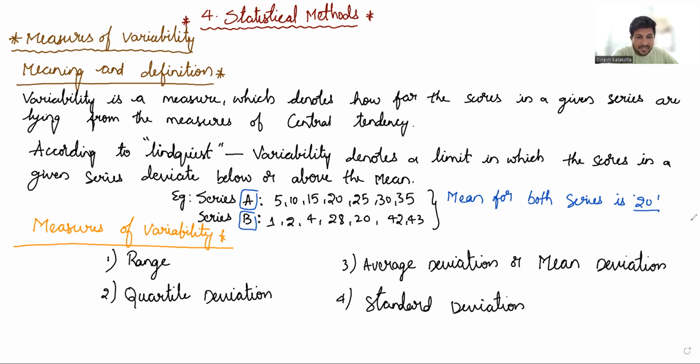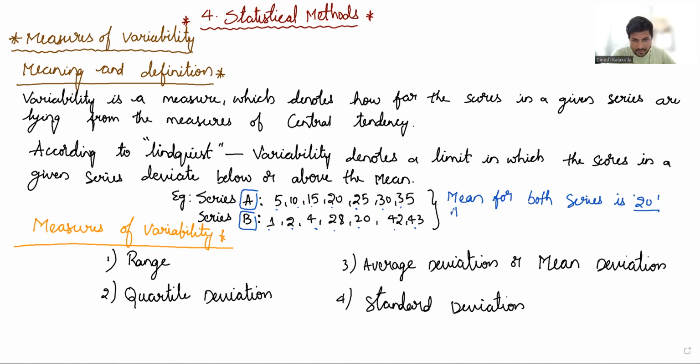Now, series A is actually 5, 10, 15, 20, 25, 30, 35, right? The next is 1, 2, 4, 28, 20, 42, 43. The mean is the same for both the series, but if you see the data, there is a lot of difference of the scores from the mean, right?